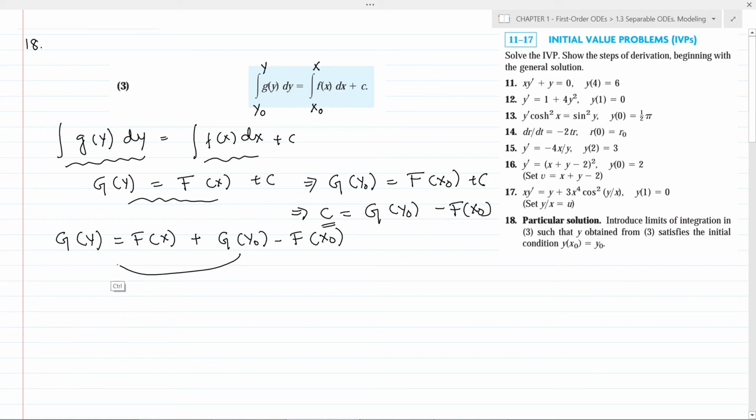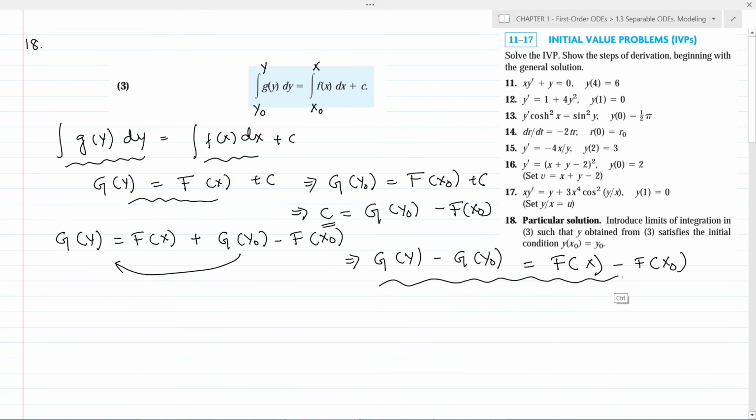We can take this G term to the left side and we can write this as, this implies G of y minus G of y naught is equal to F of x minus F of x naught, and this is the particular solution of the differential equation that we got by following the usual method that we have been doing till now.